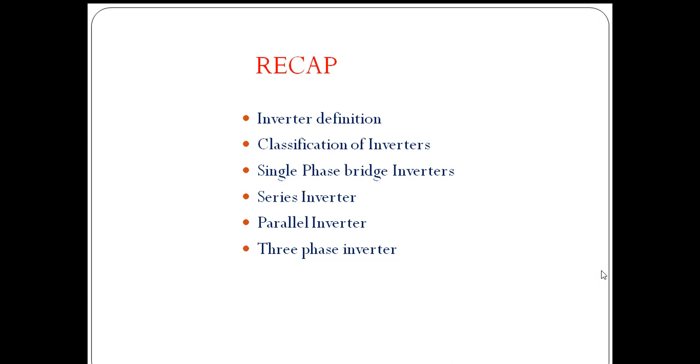The RLC circuit elements should be selected such that the series RLC circuit forms an underdamped circuit. That is the most important thing. We are using load commutation in the series inverter. That's why we choose these RLC components such that they form an underdamped circuit.